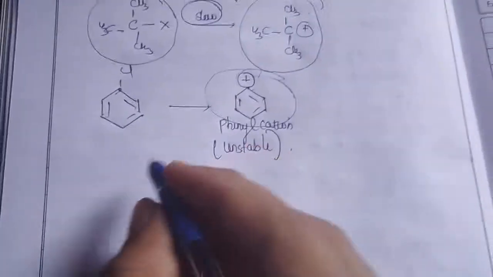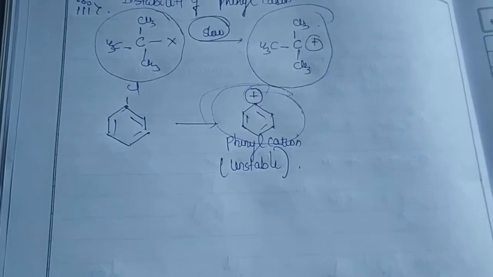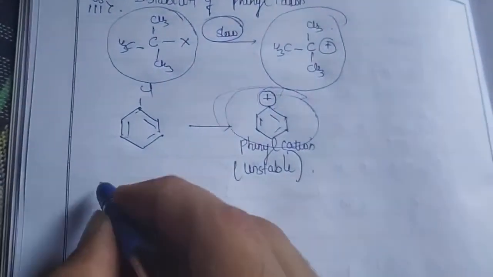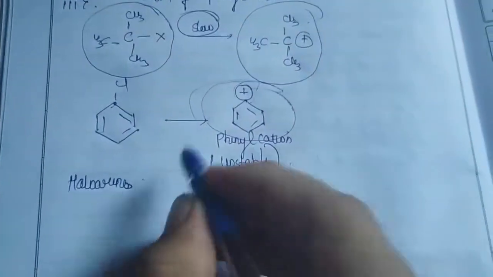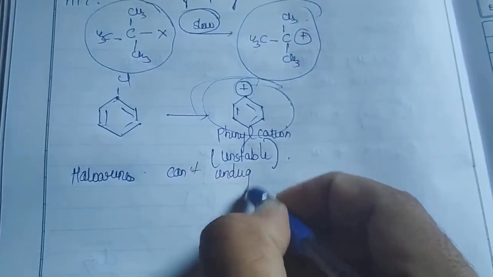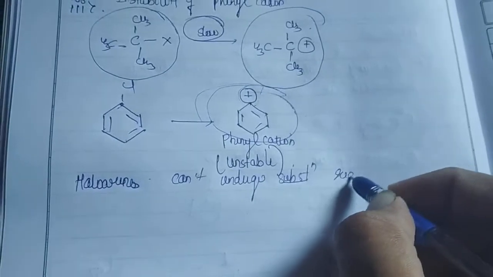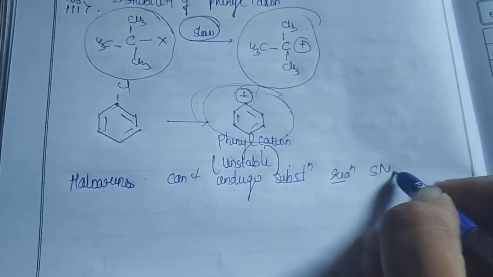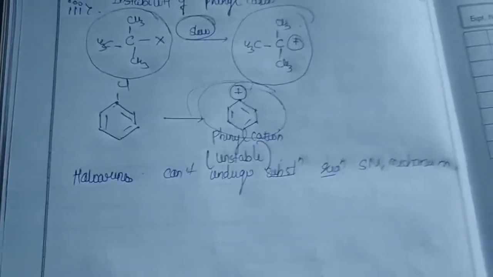An important thing you should also remember: when the phenyl cation is not able to form, haloarenes cannot undergo substitution reaction through the SN1 mechanism. Because in SN1 the major thing was the formation of the carbocation.